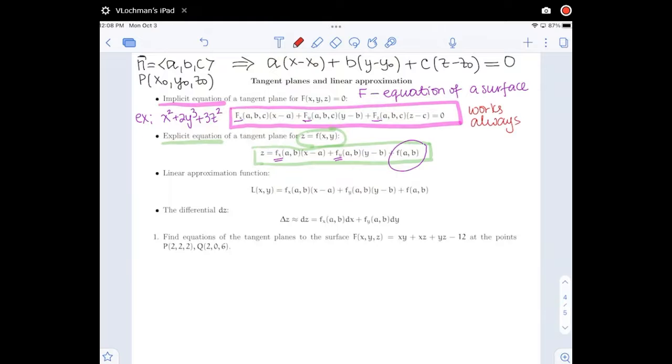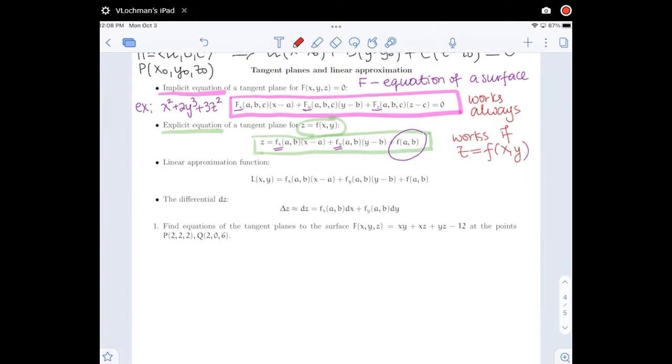This one works if you have a function of the other two variables. So we'll take a look at both examples, and then you will hopefully see the difference and how you can use them.